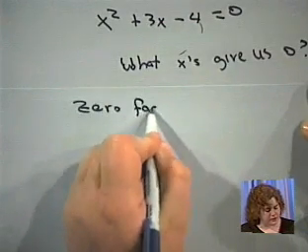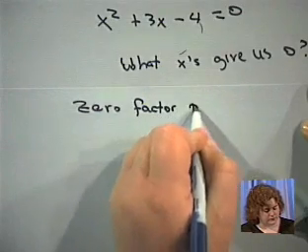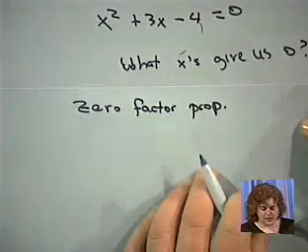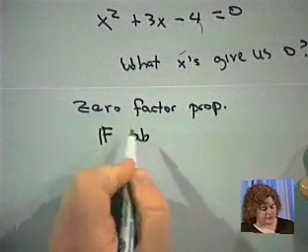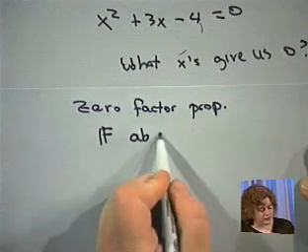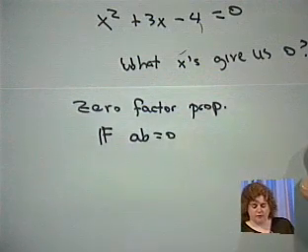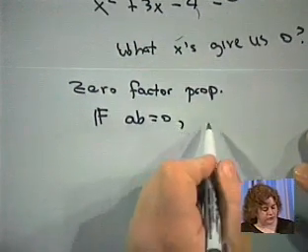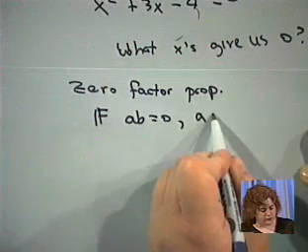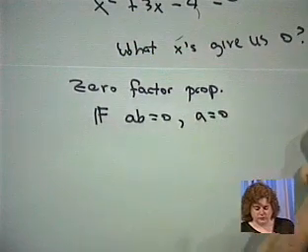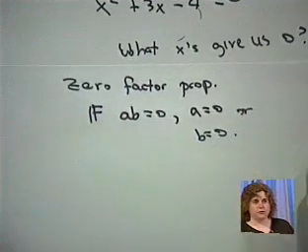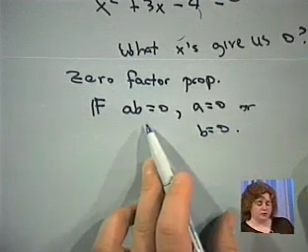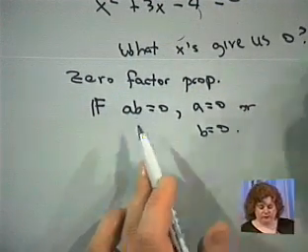The zero factor property is this. If I have the product A times B, and I say that it's equal to 0, that is true if and only if A is equal to 0 or B is equal to 0. In other words, if this product's going to be 0, one of these things has to be 0.